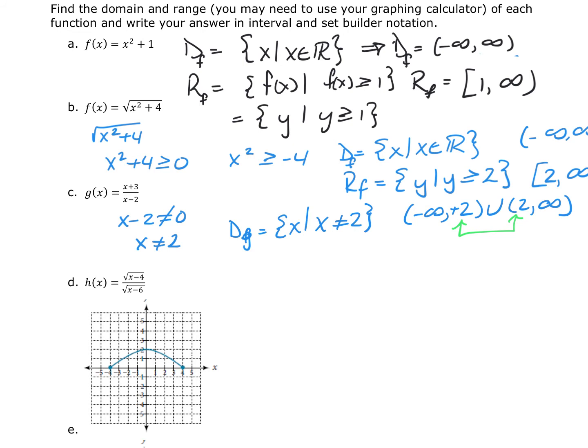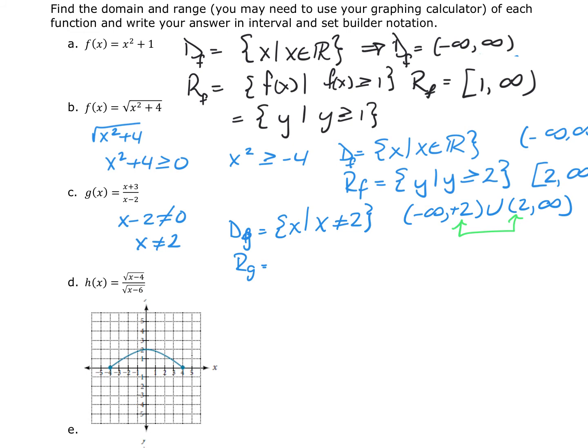So what about the range here? Well, this is one of those we're going to explore further in this class. So it would probably be in your best interest to look at the graph and see if you can determine the range from the graph. Because we will go over this later in this class, I would recommend just using a graphing calculator or graphing utility.